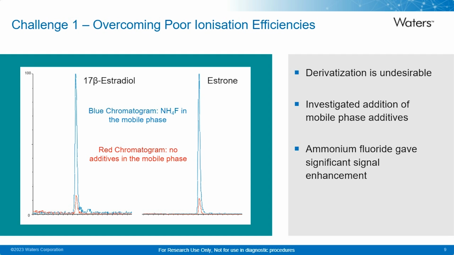This figure nicely highlights these improvements. You can see here how our blue chromatogram containing the ammonium fluoride in the mobile phase has a significantly greater response when compared to the red chromatogram.